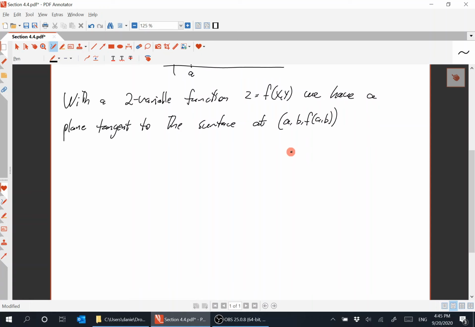And the picture of it, we drew it last time, looks like this. So z-axis, y-axis, x-axis, and you've got this surface here.